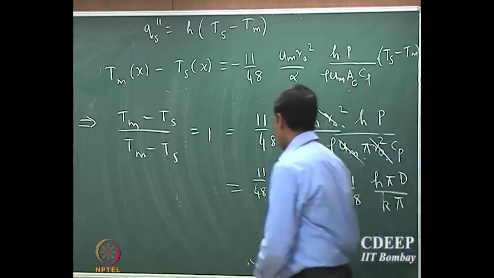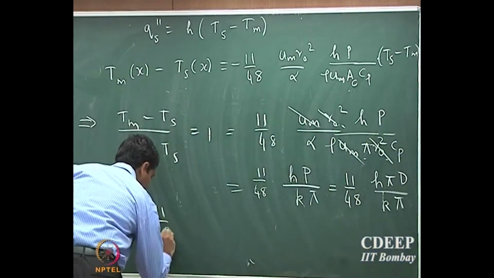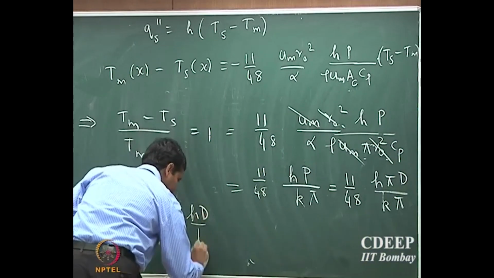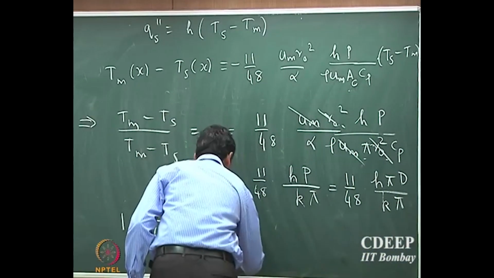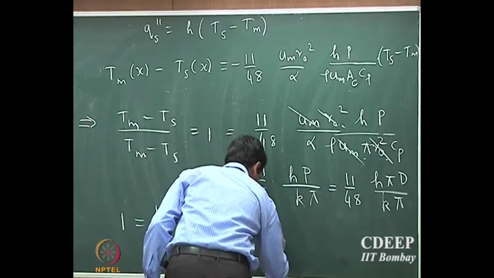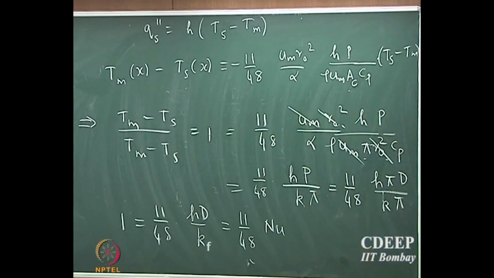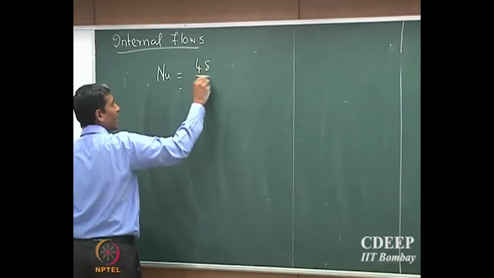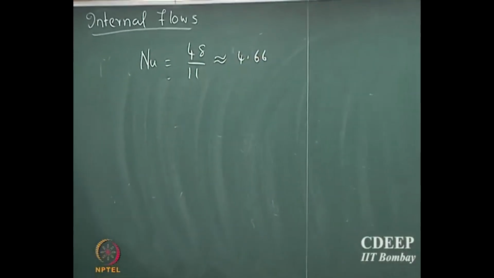So now from here we see that 1 equals 11 by 48 into hd by k. What is hd by k? It is the Nusselt number. So that will be 11 by 48 into Nusselt number. So from here we find that the Nusselt number is 48 by 11, approximately 4.36.